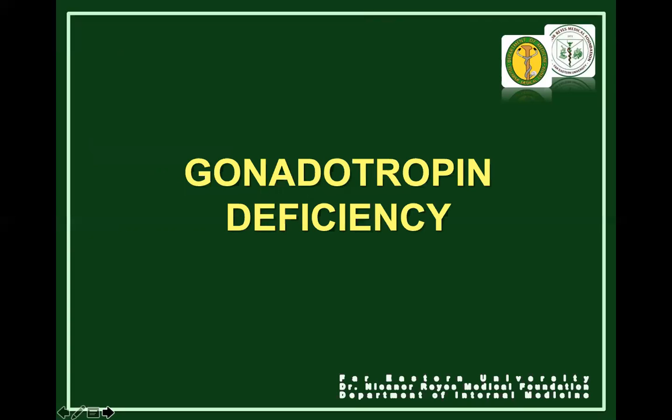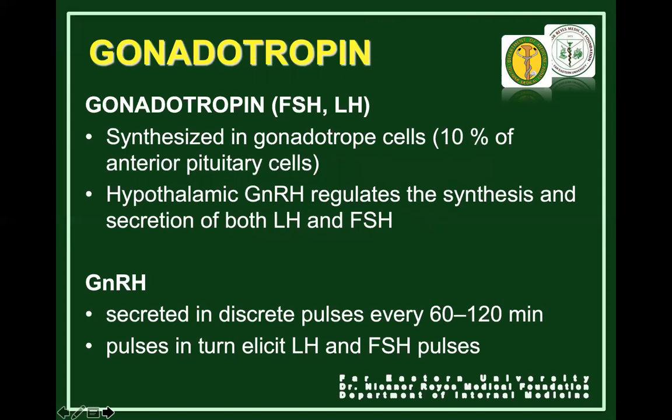Okay, now we go to gonadotropin deficiency. Your FSH and LH are synthesized in your gonadotropin cells, which are about 10% of your anterior pituitary cells. Gonadotropin-releasing hormone regulates the synthesis of both your LH and your FSH. This gonadotropin-releasing hormone is secreted in pulses every 60 to 120 minutes.